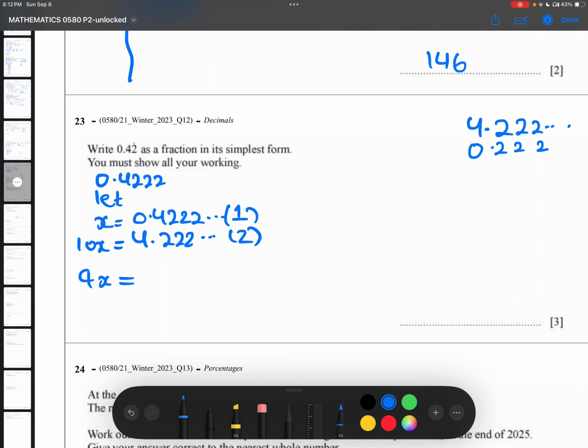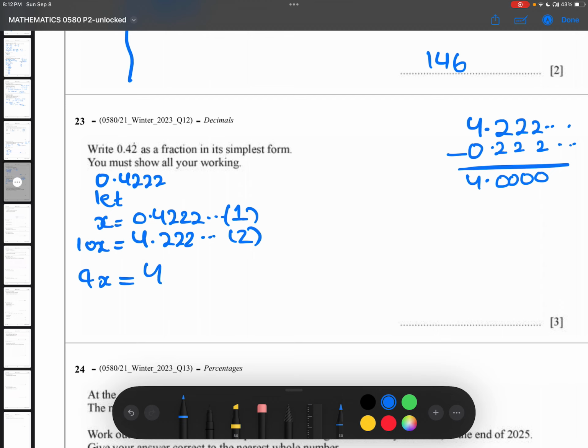Now if I subtract these two numbers, we can see that all the recurring decimals will vanish because 2 minus 2 will give us zeros, right? We will write decimal beneath decimal and 4 minus 0 is 4. So 9x is equal to 4.